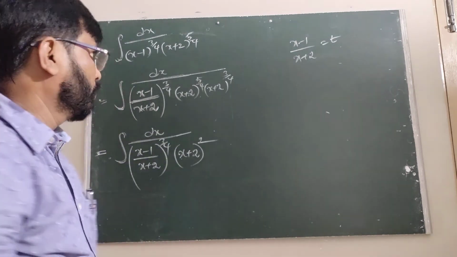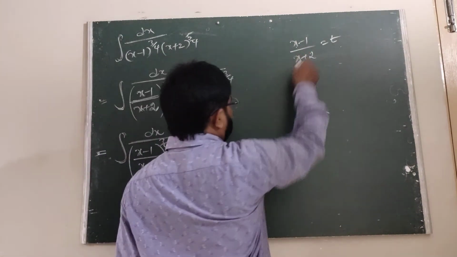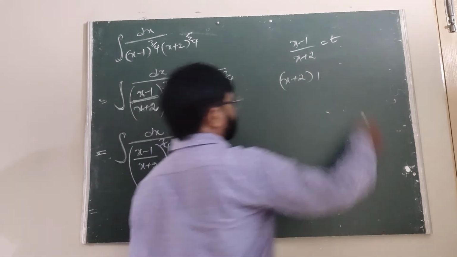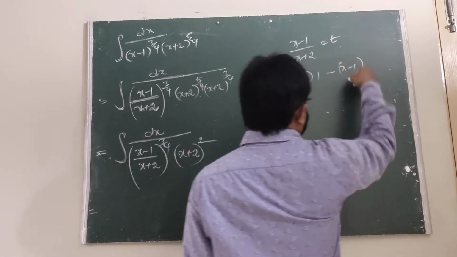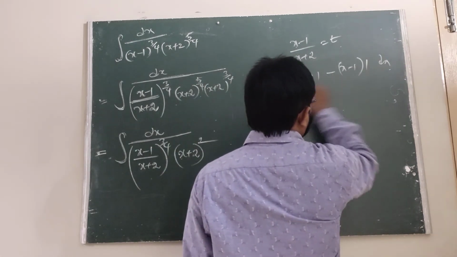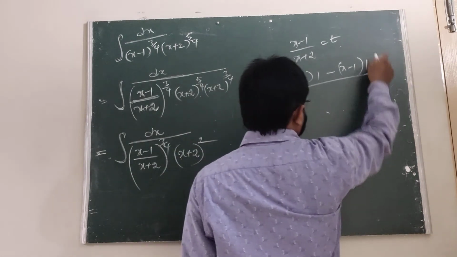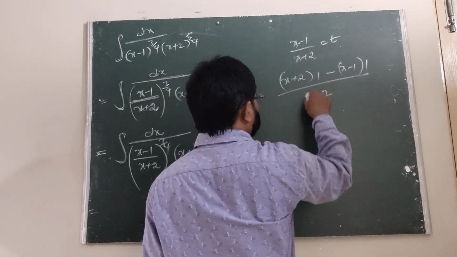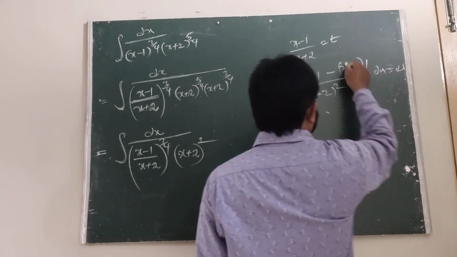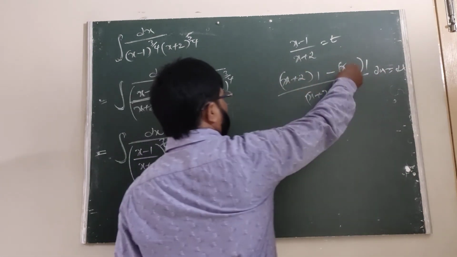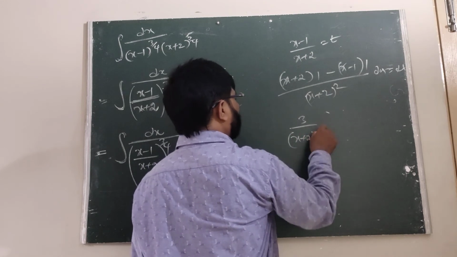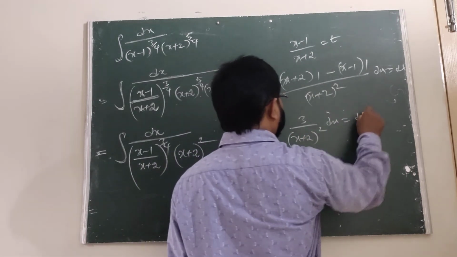When it is t, we can write the derivative using u by v: x plus 2 into derivative of x which is 1, minus x minus 1 into derivative of x which is 1, whole upon x plus 2 whole square, dx, equals dt. The x terms are cancelled. Minus of minus is plus 1, so 3 upon x plus 2 whole square dx equals dt.